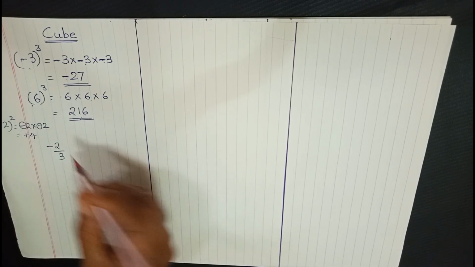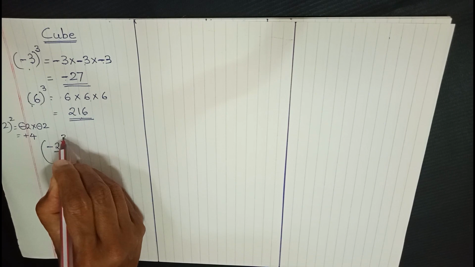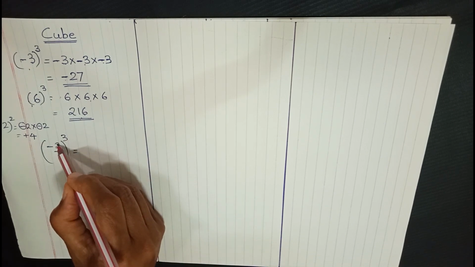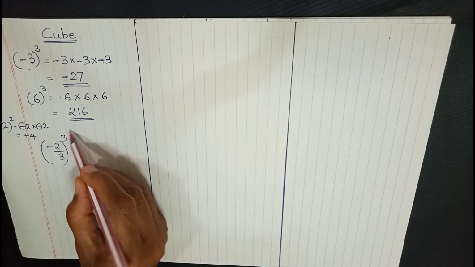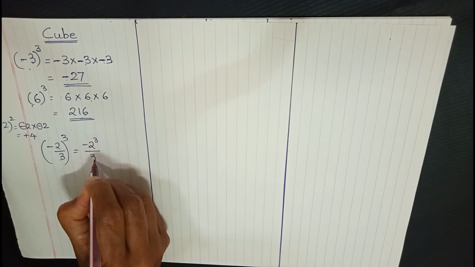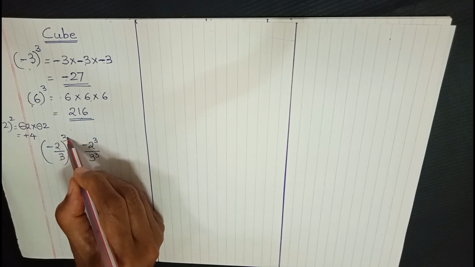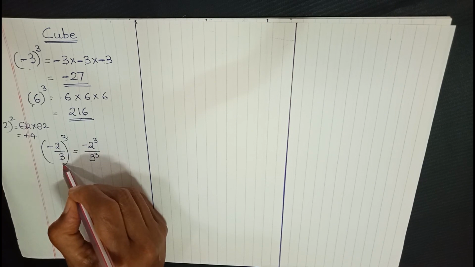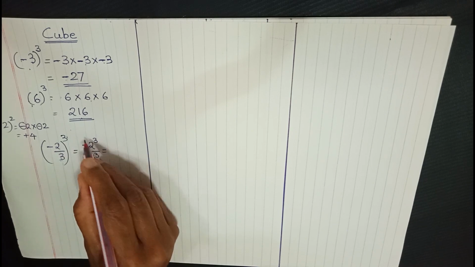Let's take another example. I have to find cube of minus 2 upon 3. Now you remember the laws of indices which we had said, a upon b raised to m. It will become a raised to m upon b raised to m. In other words, this cube or this power is for both the numerator as well as the denominator. So this is how we find out.